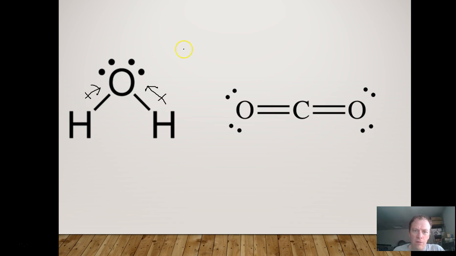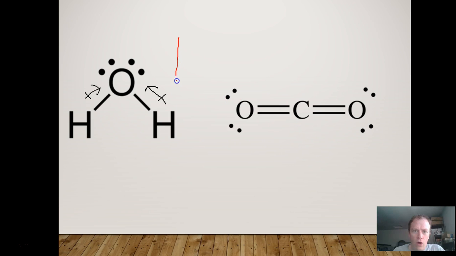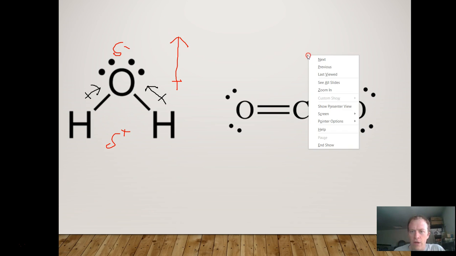So the sum total of those two vectors, I wonder if I have a different pointer. Yeah, sure. The overall polarity would be something like this. Another way to do it is to draw these little funny S-looking things. This is the partially negative side of the molecule. This is the partially positive side of the molecule. Either way you want to do that is fine.